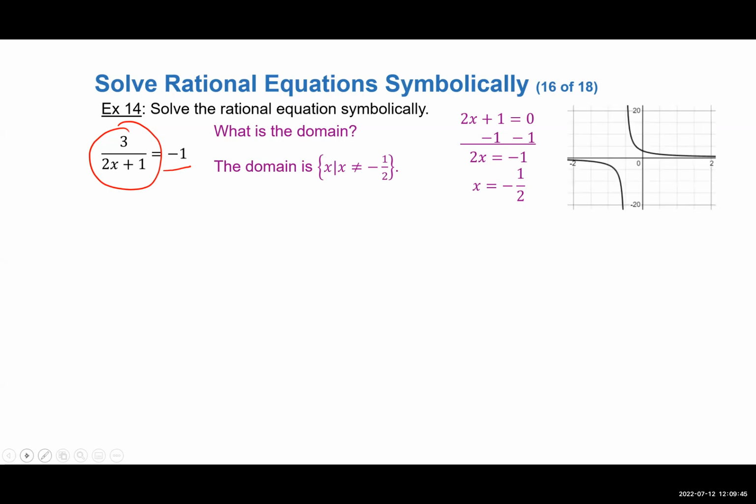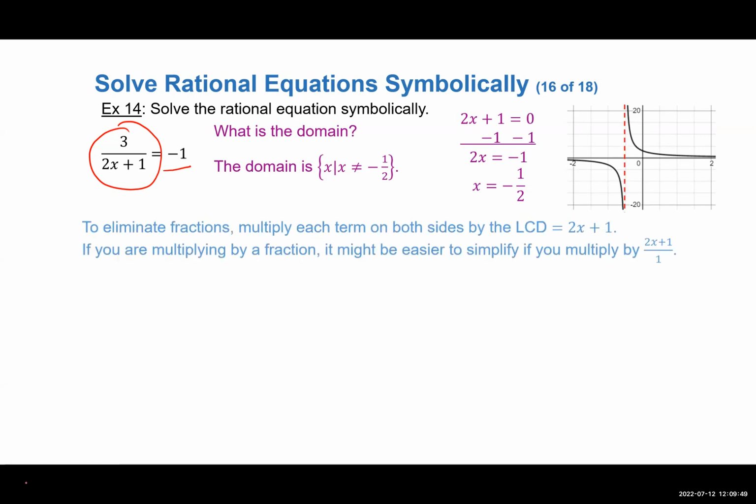Okay. Once you solve this equation, you want to eliminate the fraction. So basically, you multiply both sides by the 2x plus 1. And when you do that, you get 3 equals -2x minus 1.